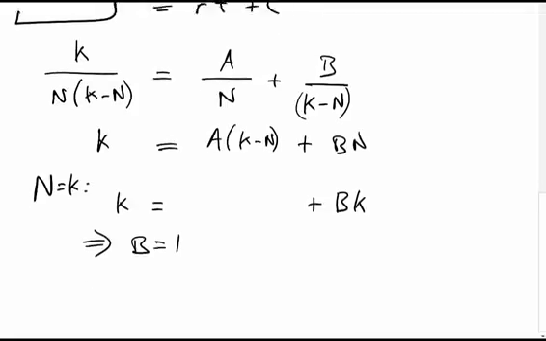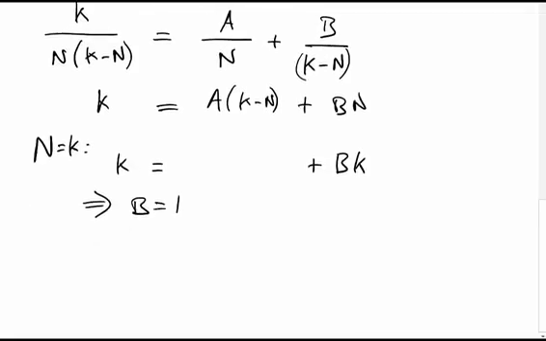So just by choosing a value, I now know that b equals 1. Can I be clever again? Well, yes, now I know that b equals 1, I can just sub that back in. So I get k equals a lots of k minus n, plus b, which I now know is 1, times n.